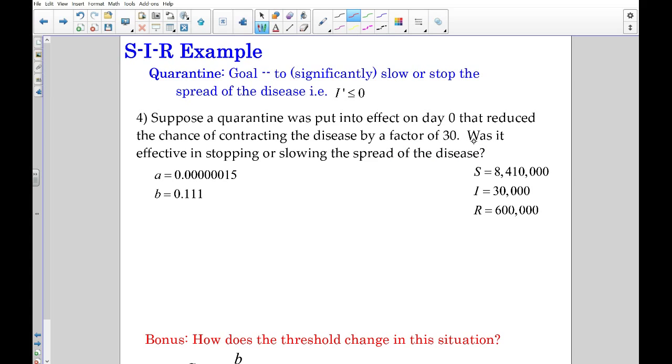So what we need to do is say, okay, if A was this, the new transmission coefficient may change. And in fact it does, because it would decrease the chance of contracting the disease by a factor of 30. So in essence it's taking A and dividing it by 30.